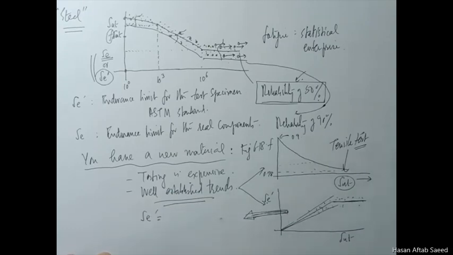So Se prime is simply half of the Sut, provided that the Sut is less than or equal to 1400 MPa. This is 1400 MPa. After that, it levels off.